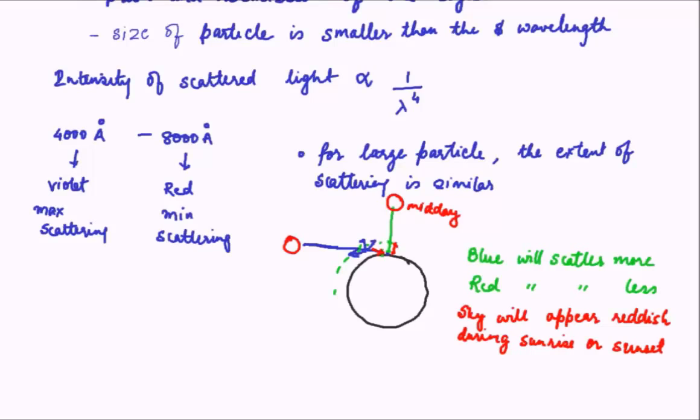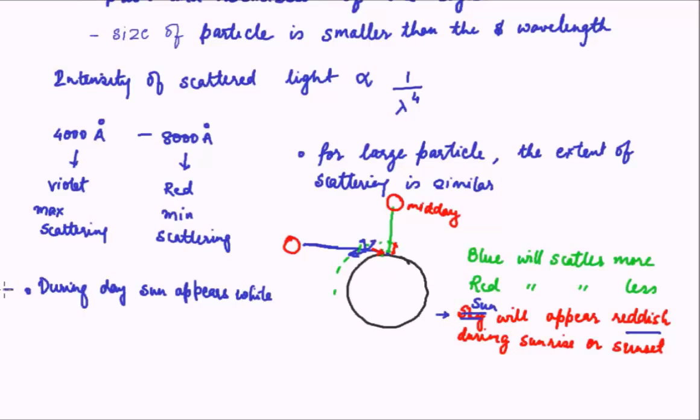Second is, if you consider the case during noon, what will happen? During noon the sun will be overhead, right? So the ray of light has to travel through a very thin layer of atmosphere compared to during sunrise or sunset. Therefore the extent of scattering will be much less during midday.